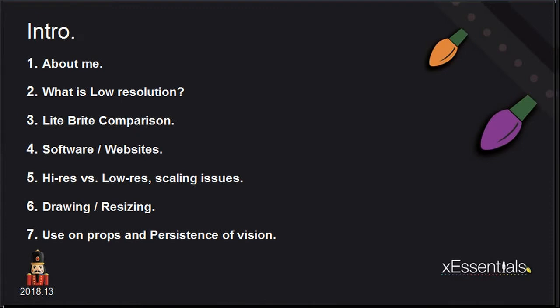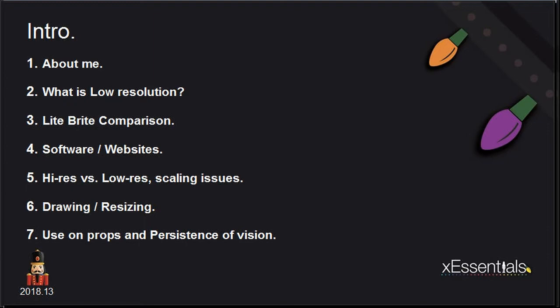Quick little intro here. I'll go through just a blip on who I am. Discussing low resolution, I use what I call a light bright comparison, some software and websites that you guys can use. Exactly what the difference is between using high res and low res, and some scaling issues that occur in xLights itself.